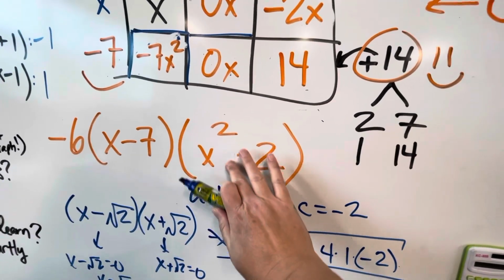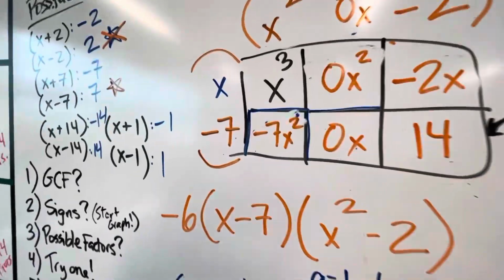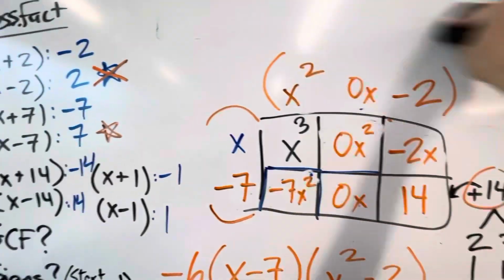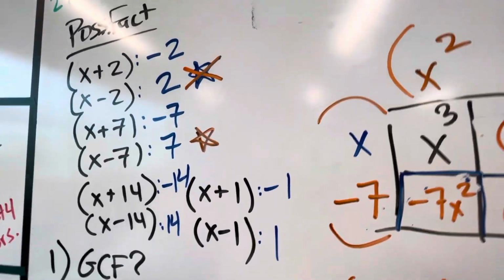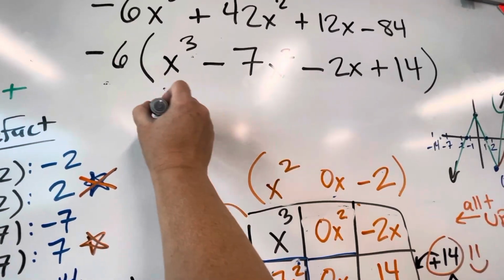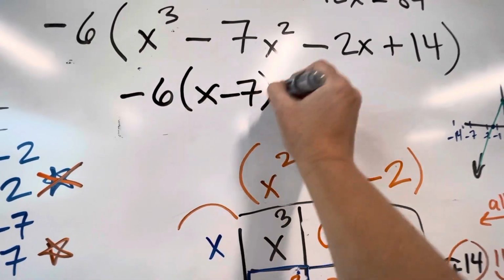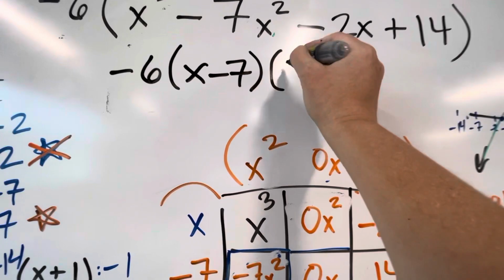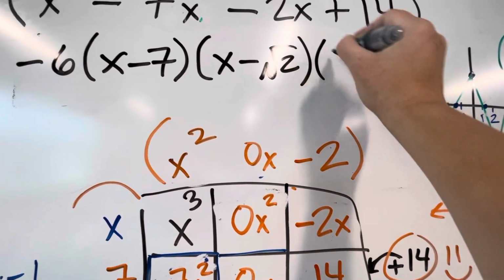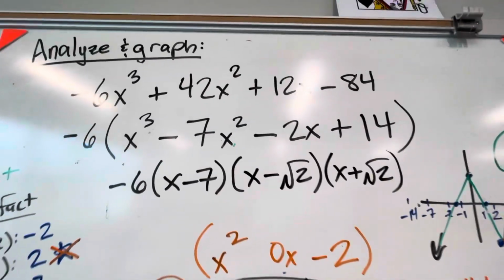Okay, but it's not. So this is my function. I need to fully factor it. I'm going to write it all up here underneath my original. The final official factored form is -6 times x minus 7 times, I'm going to go ahead and linearly factor x minus square root of 2 times x plus square root of 2, because those are my irrational zeros.